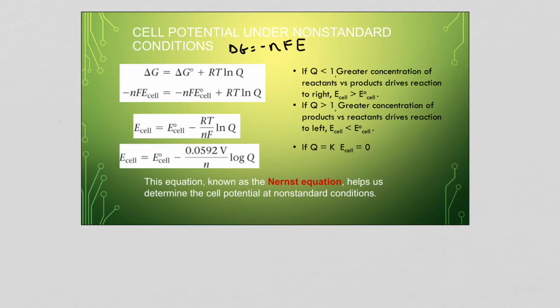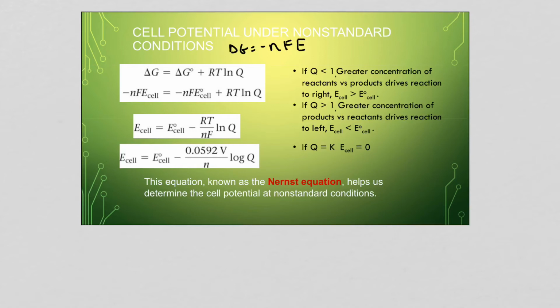So if I have a Q less than 1, meaning I have more reactants than products, then I'm going to end up with a cell potential that is greater than the standard. There's going to be more of an incentive to go toward the products because I have a higher concentration of reactants here.